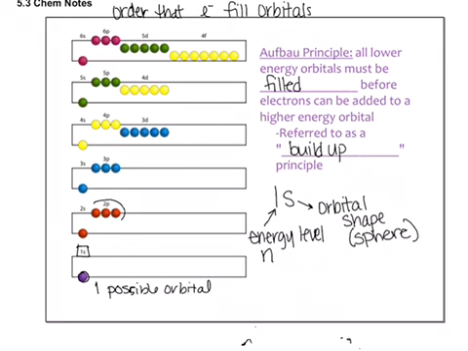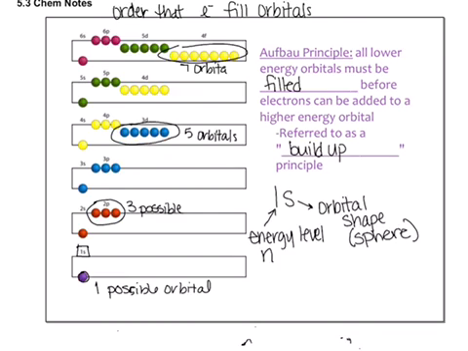Here we have 3, and because that's a p orbital, that makes sense because there's 3 possible orbitals when we talk about the p sublevel. Then we have a d sublevel, and the d sublevel can hold up to 5 orbitals, 5 possible orientations and shapes. And then lastly, we have the f sublevel, and that has up to 7 orbitals.